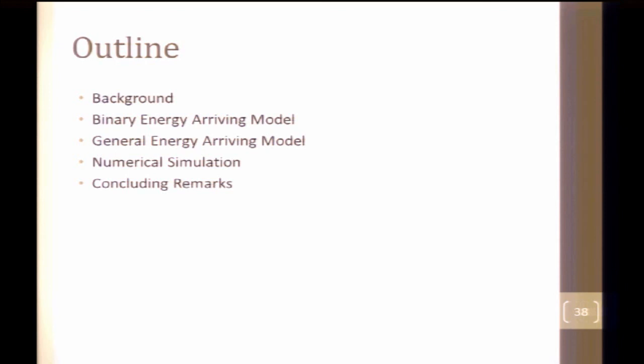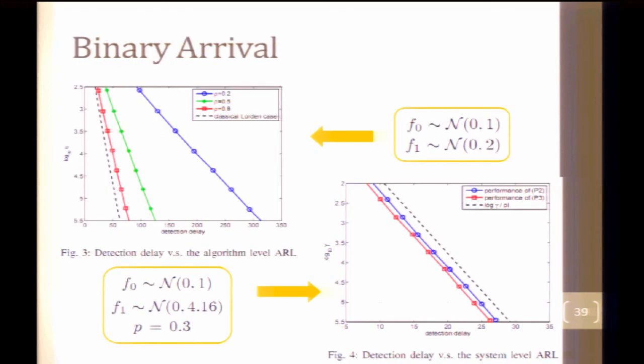I'm going to give you some simulation figures to see the impact of this energy arrival process on the detection delay. In this curve, this direction is the detection delay, and this is the false alarm rate. As you can see, for different values of probability, this red line is for the binary energy arrival model.